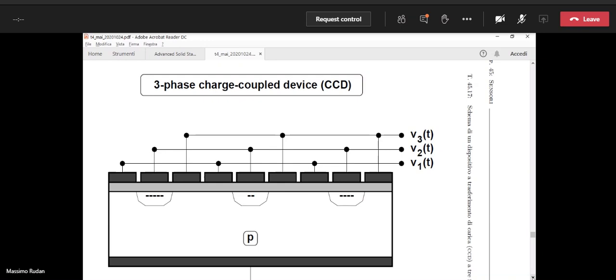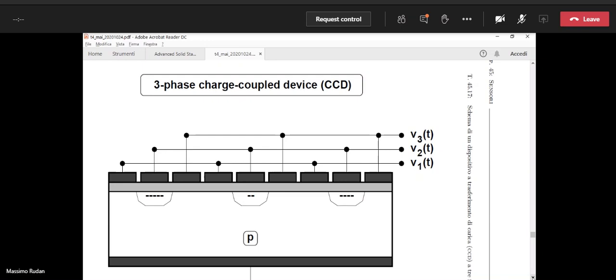It is possible to manufacture the contacts in a way that they are practically transparent to radiation. So assume that the contacts on the gates are transparent, so the radiation can enter the semiconductor.